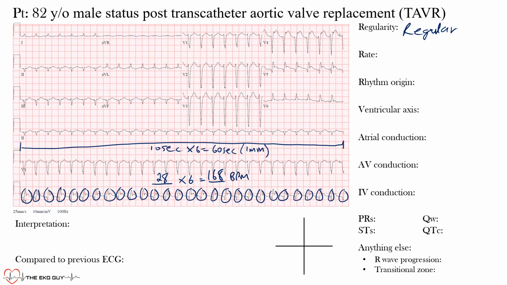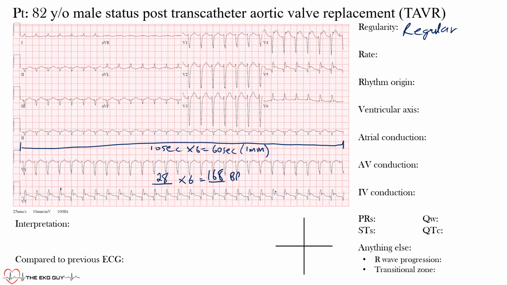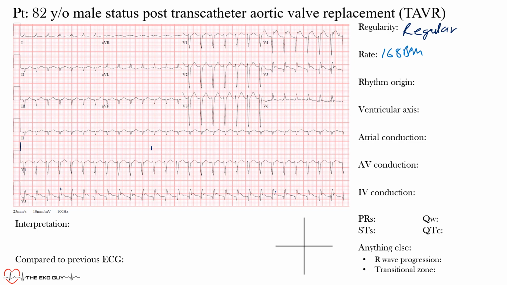Because this is a regular rhythm, there's also another way we can find the rate. What we got here was 168 beats per minute. Because it's regular and fast, we can use another way: find one of those R waves that falls on a thick line, maybe this beat here, and see the next one here.